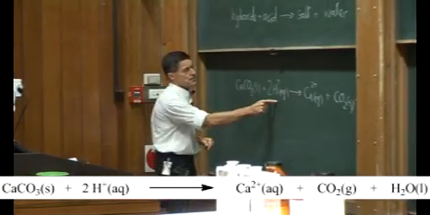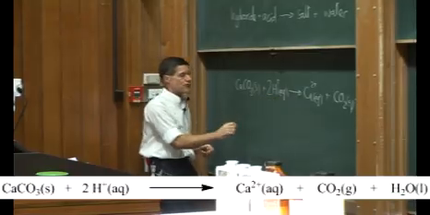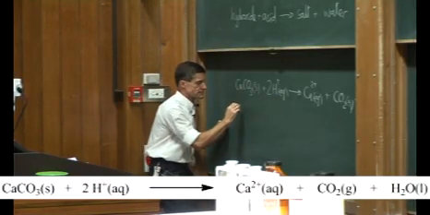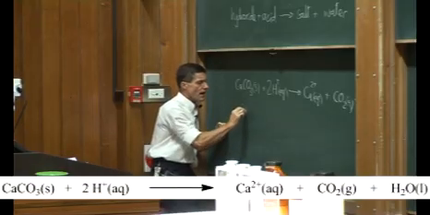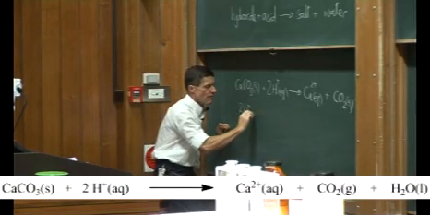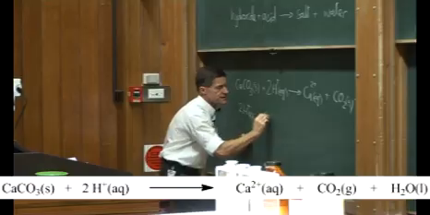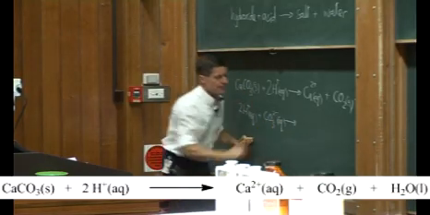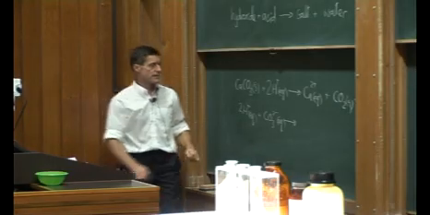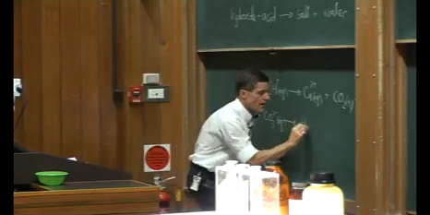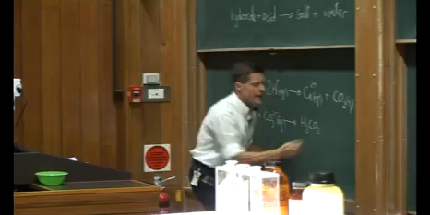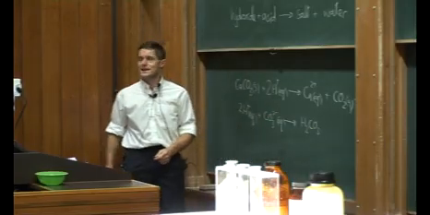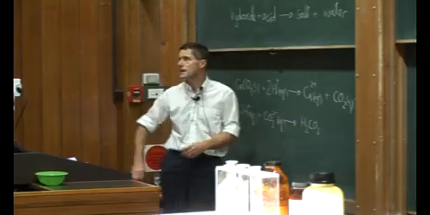Imagine this broken into 2 parts. Imagine the H+ reacting with a CO3 2-, and I'm going to write it with the cation first, followed by the anion. They give you something called carbonic acid, H2CO3.